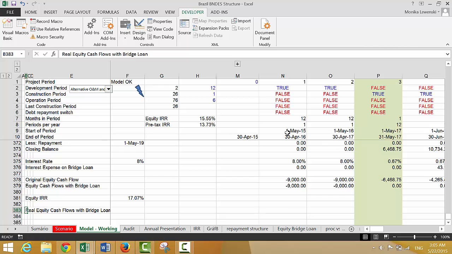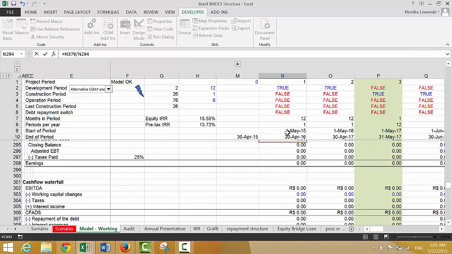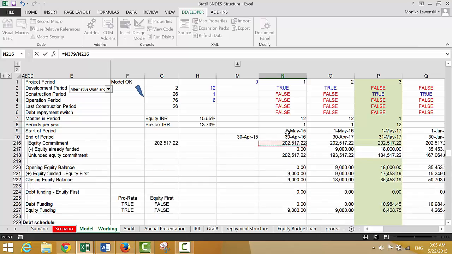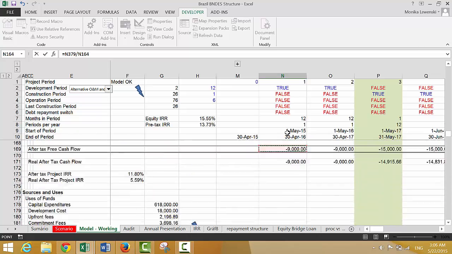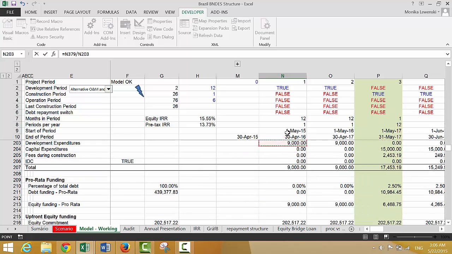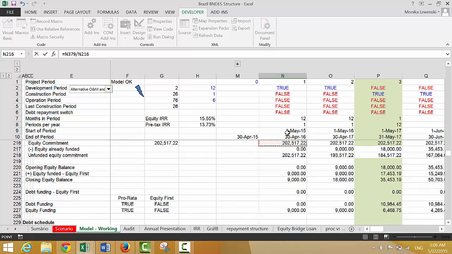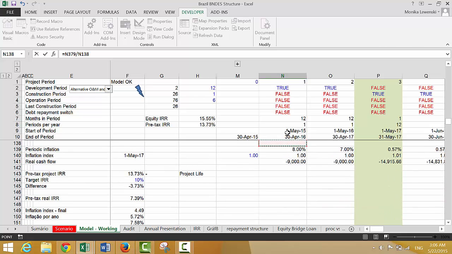Okay, now, I think if you make your model structured, I really do believe this, adding something like this is not nearly as complicated. First time I heard a bridge loan, I thought, oh no, I can't do that. That sounds too complicated. I can't ever do that.